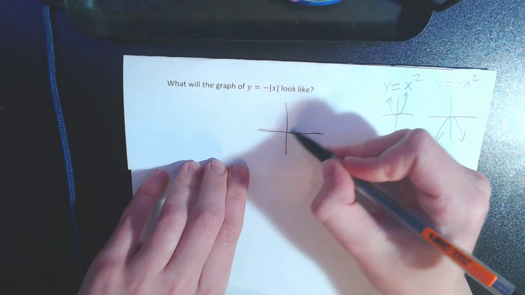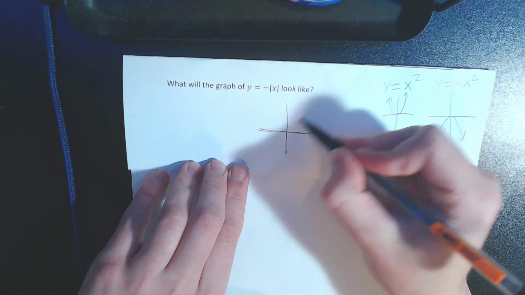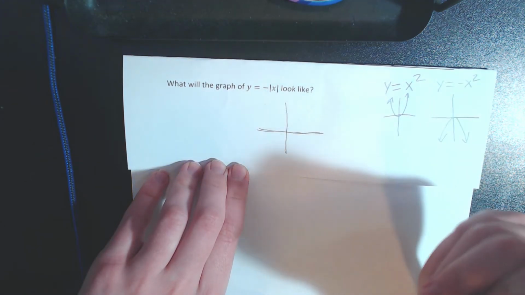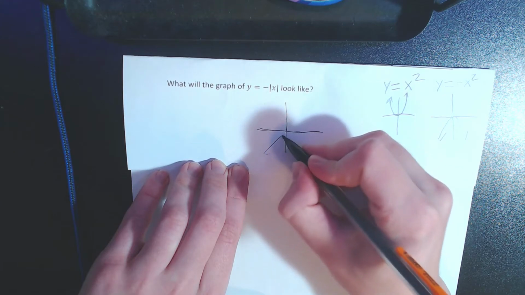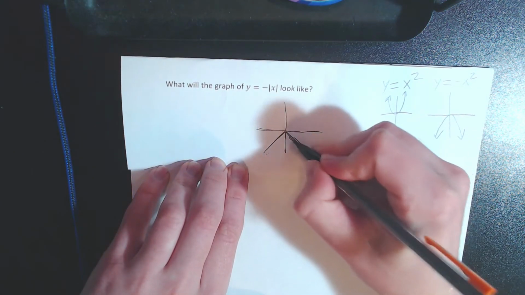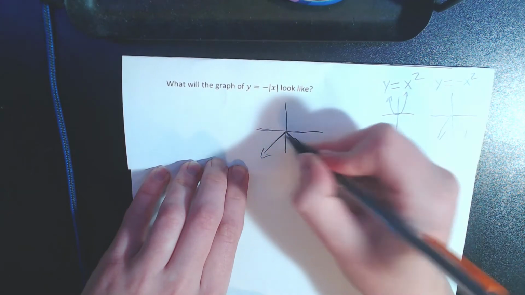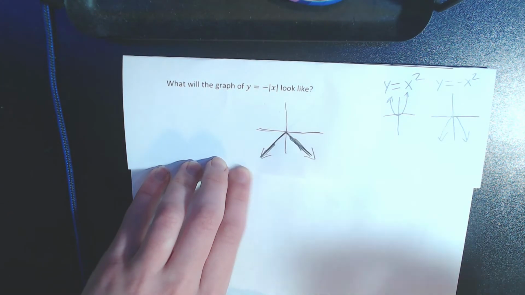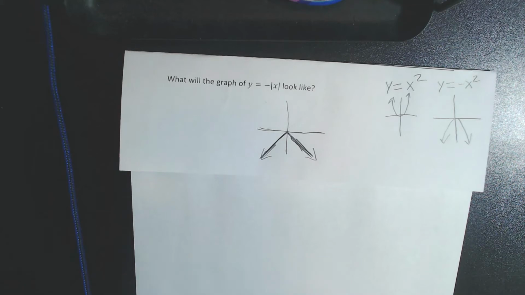Typically the absolute value is an upwards V, right? So when you got a negative out in front, it's just going to look like an upside down V. So that would kind of be your graph when there would be a negative out in front. Okay. Let's do one example like that, and then we'll do square roots after that.